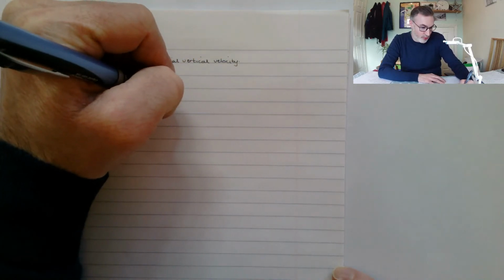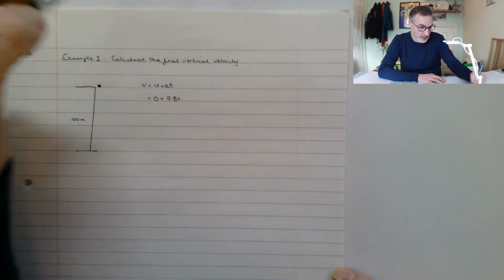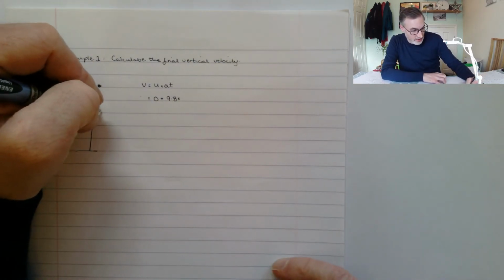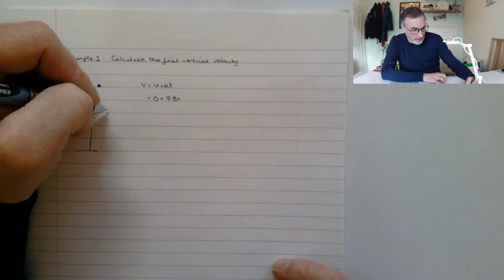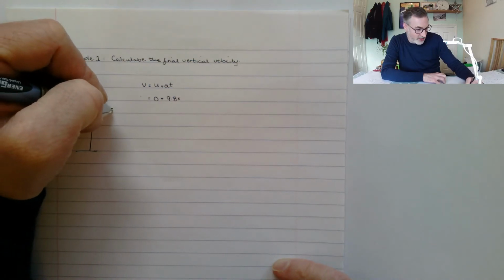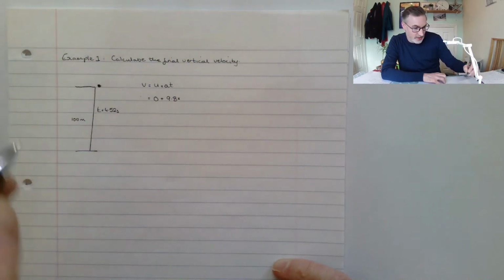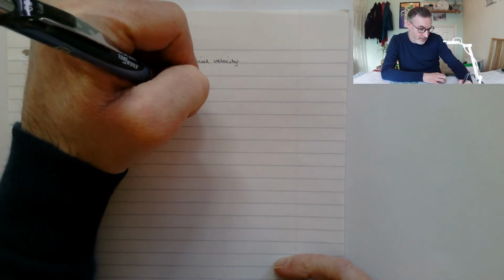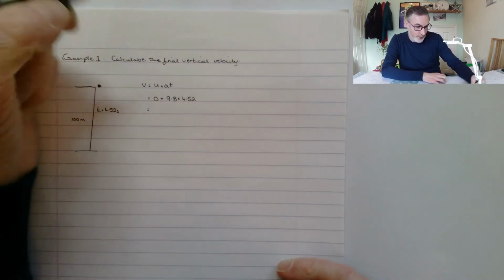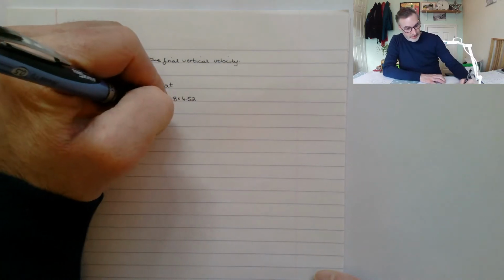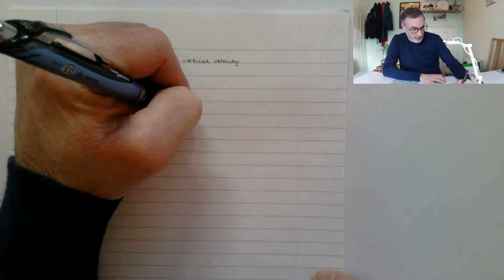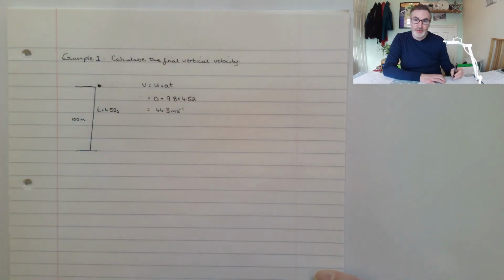And we have 9.8 times, oh sorry, I should have said, we need to know that it is falling for a time of 4.52 seconds. Okay, that's better. 4.52. That will give us 44.3 meters per second.